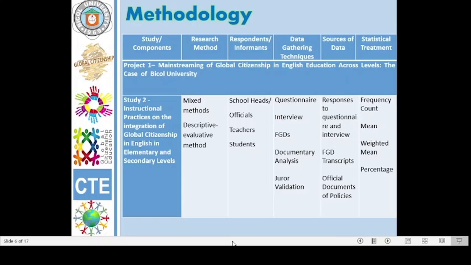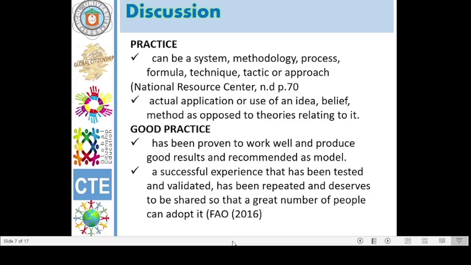Sources of the data are the elementary and secondary teachers and students of Bicol University. Observations, responses to the interviews, FGDs, and documentation of all the activities during the summer enrichment classes in English were conducted to identify the good instructional practices and themes in global citizenship education.